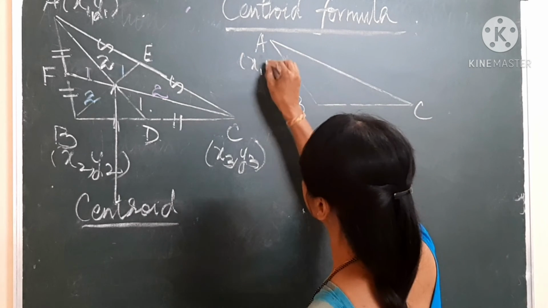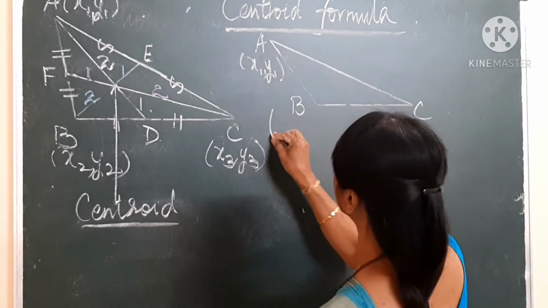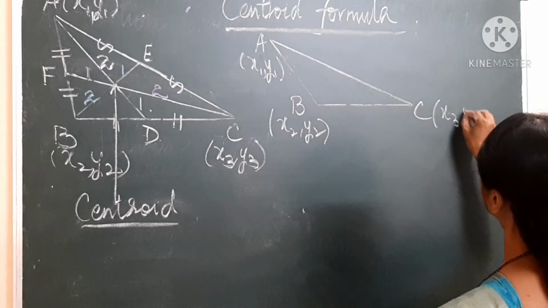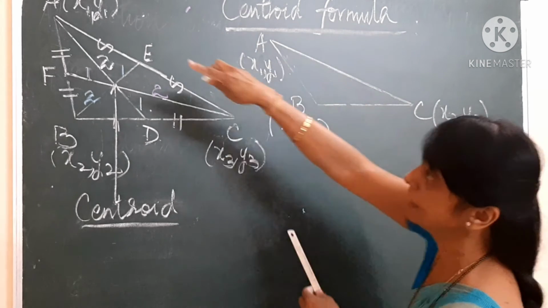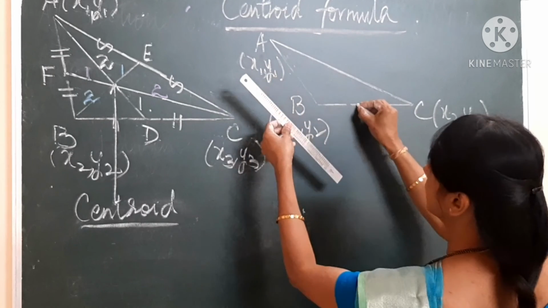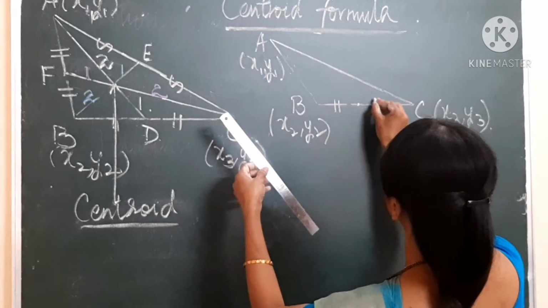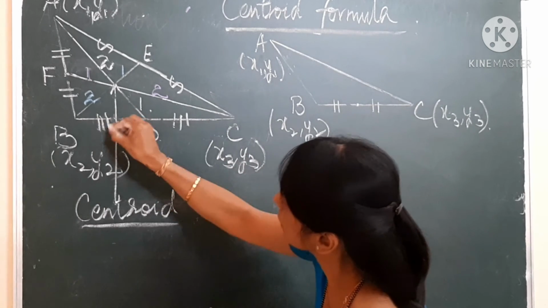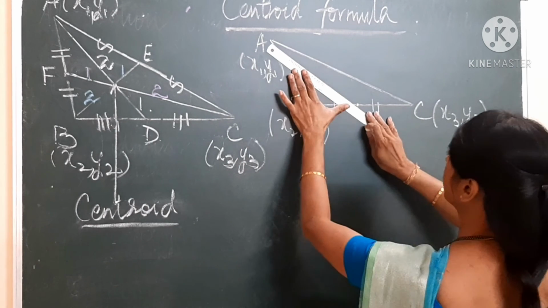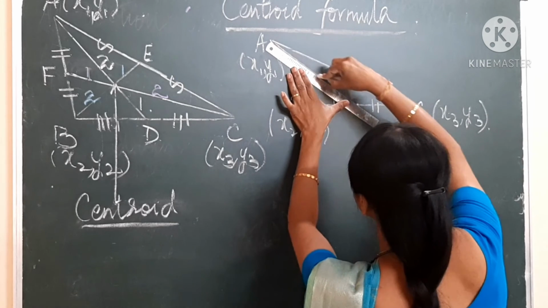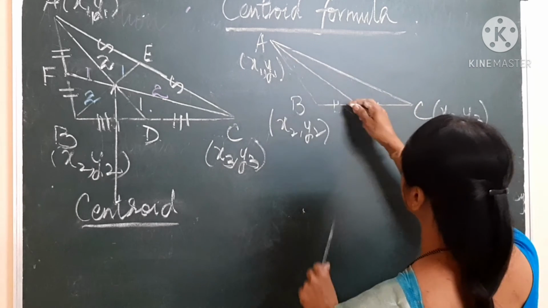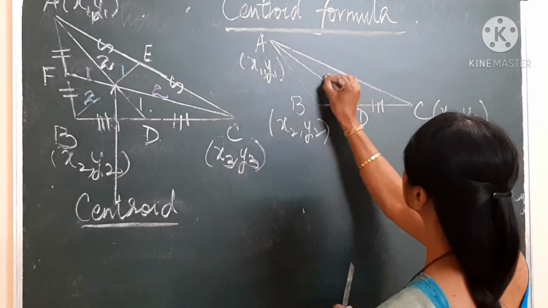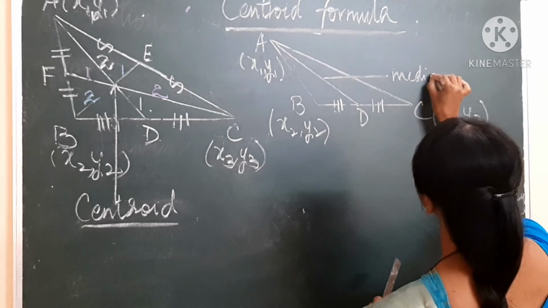Coordinates of A are x1, y1, B is x2, y2, C is x3, y3, and the median is AD.